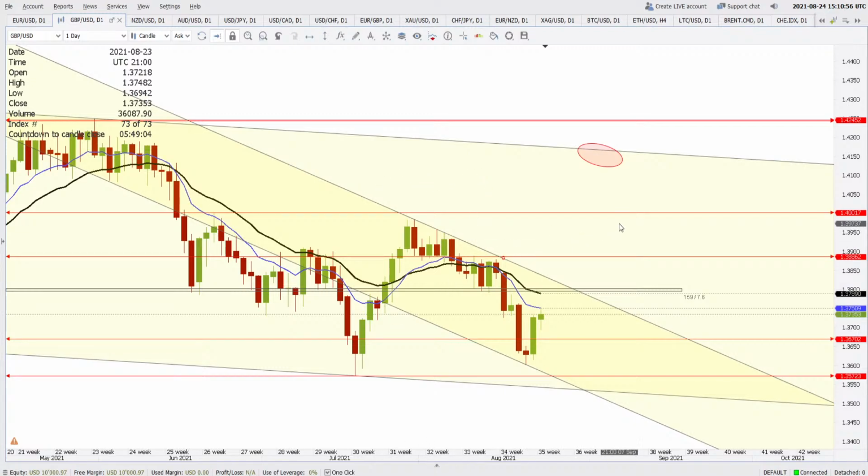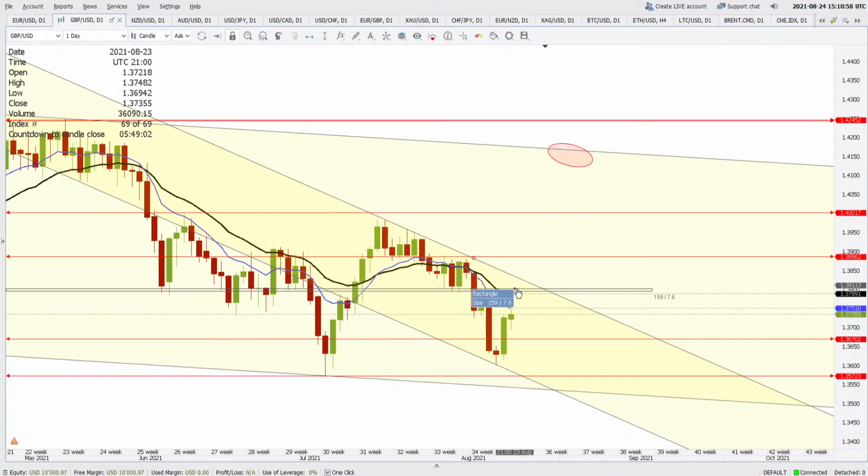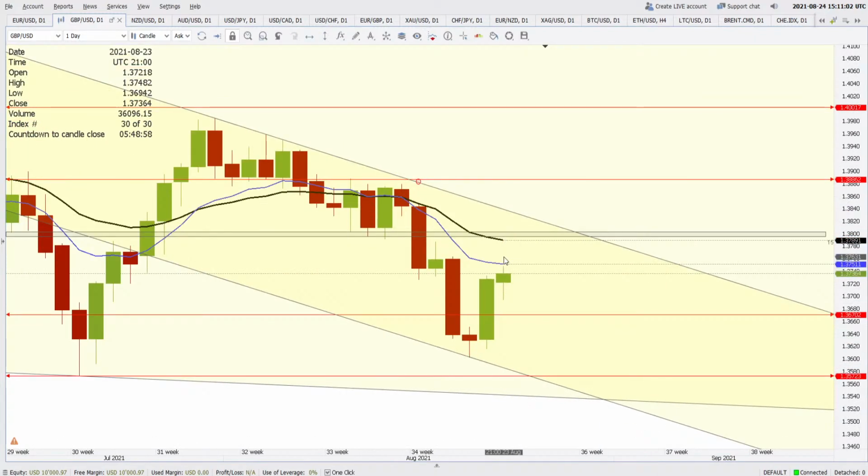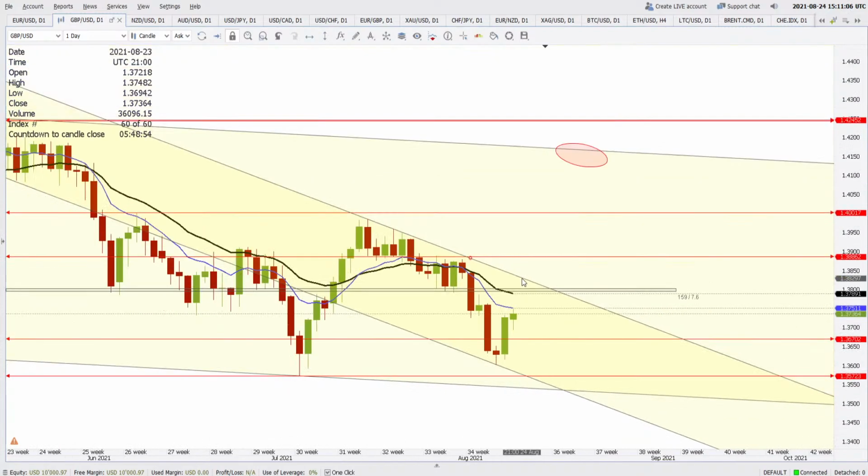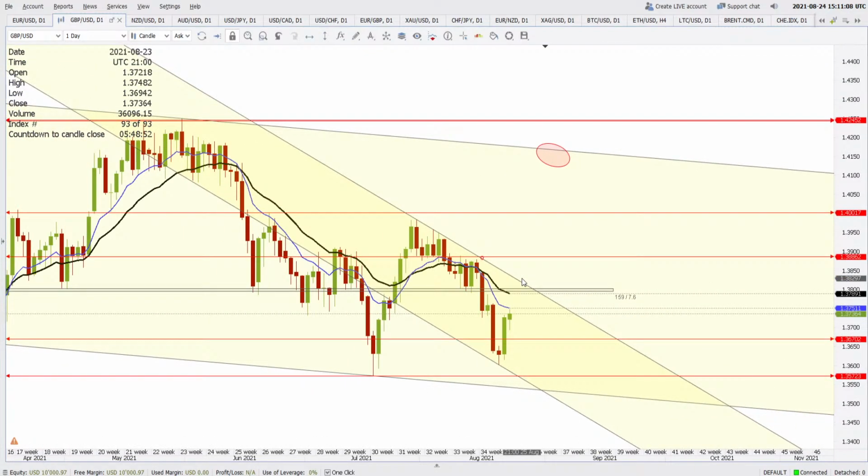Okay, so you will notice that the price is still trading below the 10 periods moving average, but we want the price to go and enter this range and then again close the day below the 10 periods moving average, which will be our indication that now the pullback is over. But right now the price is pulling back to the mean position, which is the 10 to 20 periods moving average.